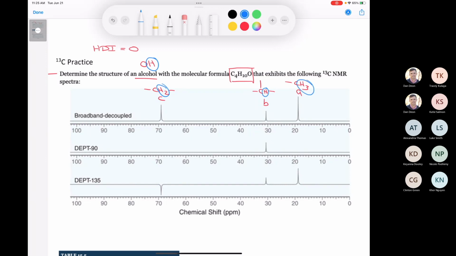Well, in order for there to be another carbon, because we're missing a carbon, and 3 more hydrogens, what that means is that this must be 2 methyl groups, right? It's the only possible way that we could have this formula: 2 methyl groups, 1 methylene and 1 methine.